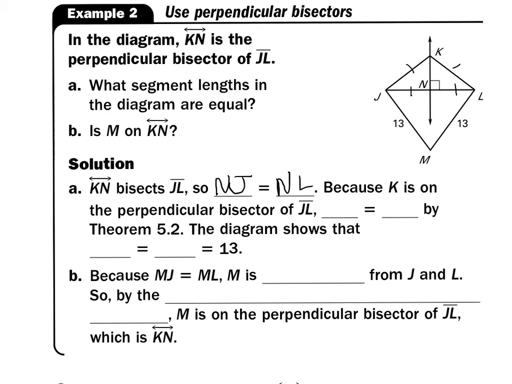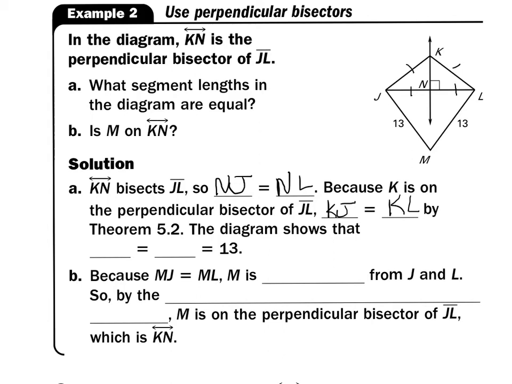Now notice that I don't put the segment marking on top, the little line on top, because I'm talking about measurements of those segments and not the segment itself. Because K is on the perpendicular bisector of JL, then KJ equals KL by theorem 5.2.